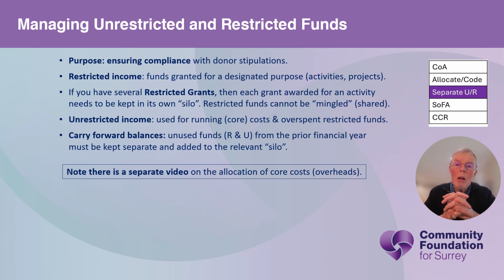Restricted income are funds granted for a designated purpose in accordance with your grant application and the grant letter that you've received. And typically, those funds are applied to activities and associated projects.